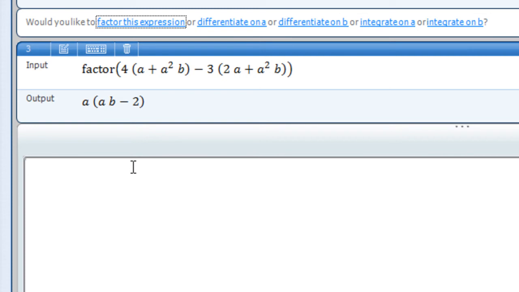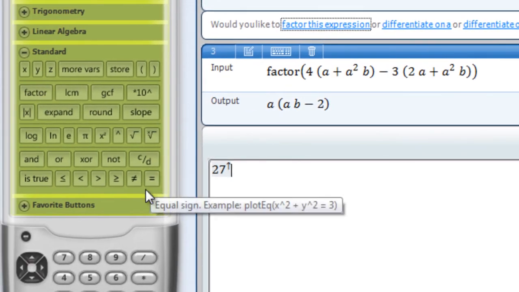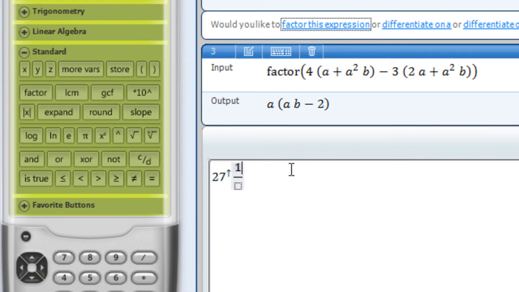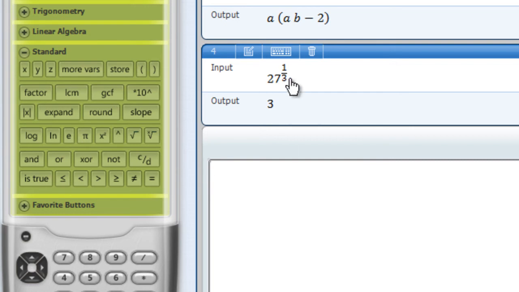Other things it's good for is further indices. So for example, 27 to the power of a third. I don't know if you know, but that means the cube root of 27. And if we press enter, it gives us 27 to the third, and then the answer simplified is 3, because the cube root of 27 is 3.